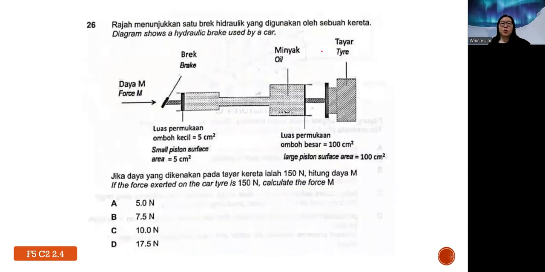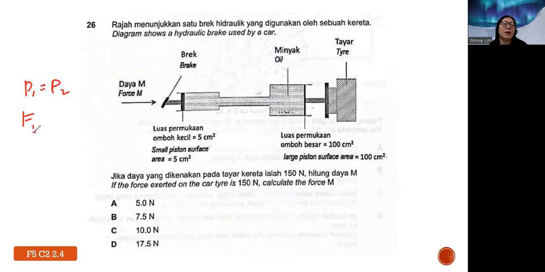26. The diagram shows a hydraulic brake used by a car. If the force exerted on the car tire is 150 Newton, calculate force M. For your understanding, this hydraulic brake comes from Pascal's principle. For Pascal's principle, we have this relationship: pressure is the same, the pressure transmitted in the enclosed fluid is transmitted uniformly.